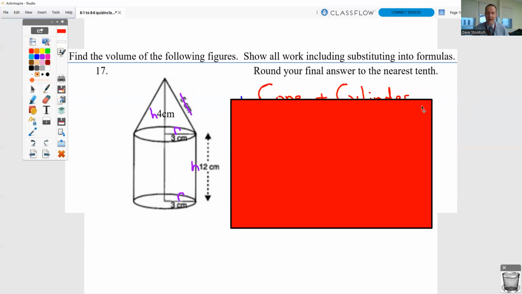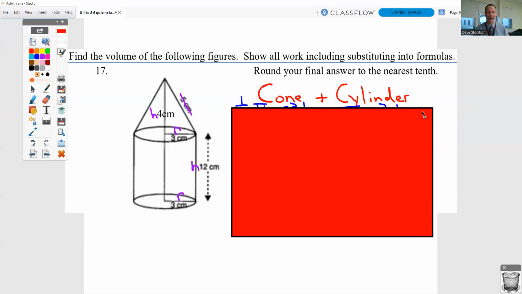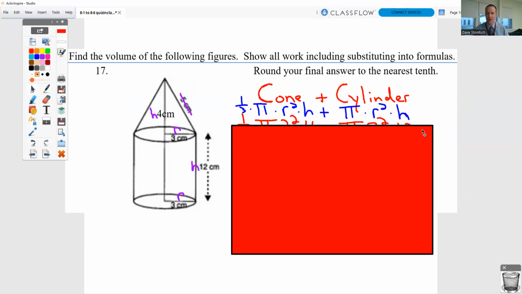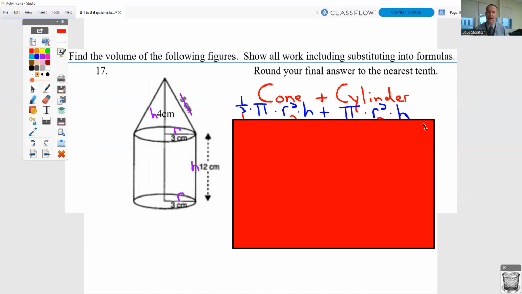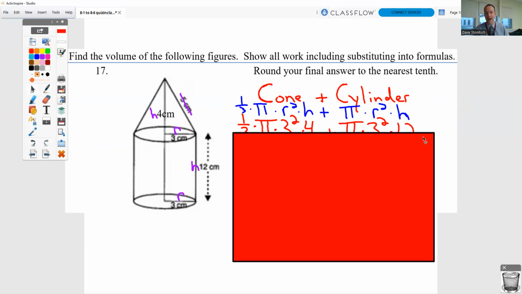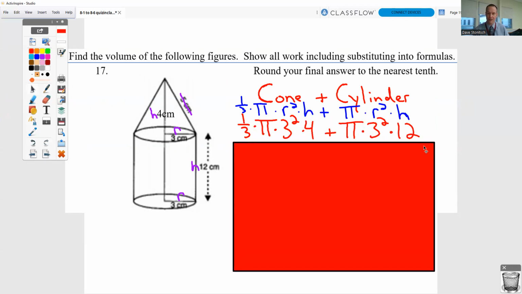So you have a cone plus you have a cylinder. The first thing that I would do is write down the formulas. 1/3 times pi times the radius squared times the height plus pi r squared h. You have to sub in all 7 of those things. So 1/3 stays 1/3, pi stays pi, 3 is your radius, 4 is your height.